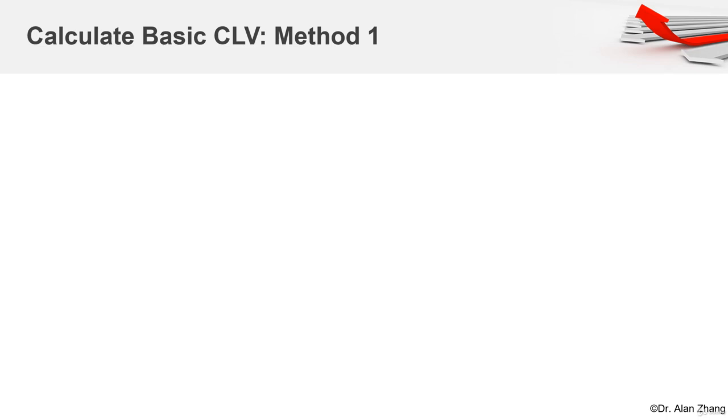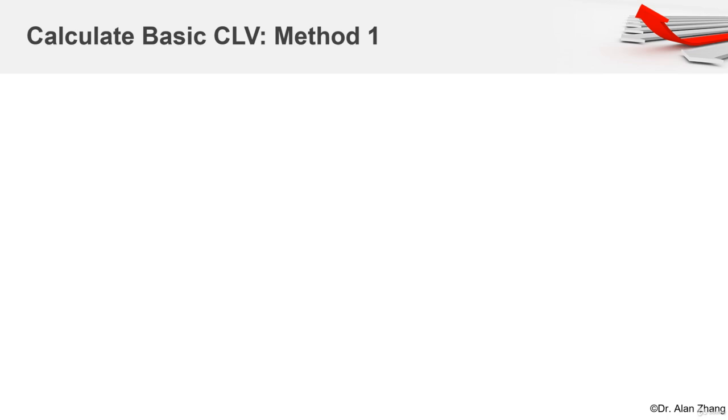I will focus most of the time on the first method because it is more intuitive and easier to understand. But of course, I will also demonstrate how to use the second method, but I will leave it as an optional choice for practice.